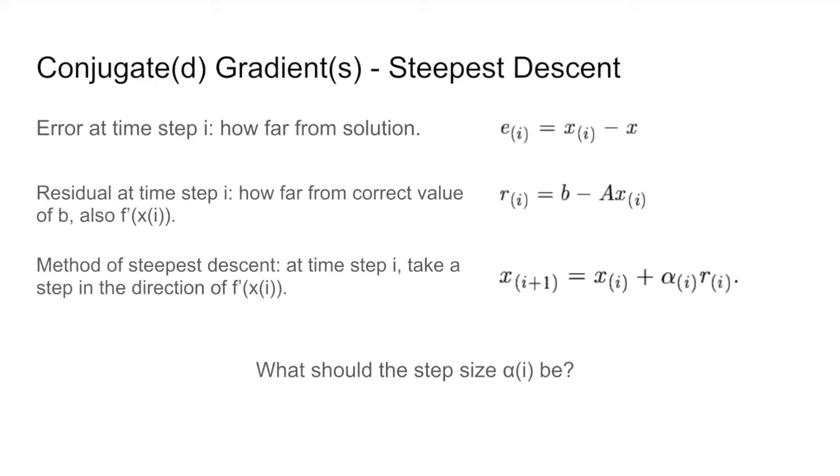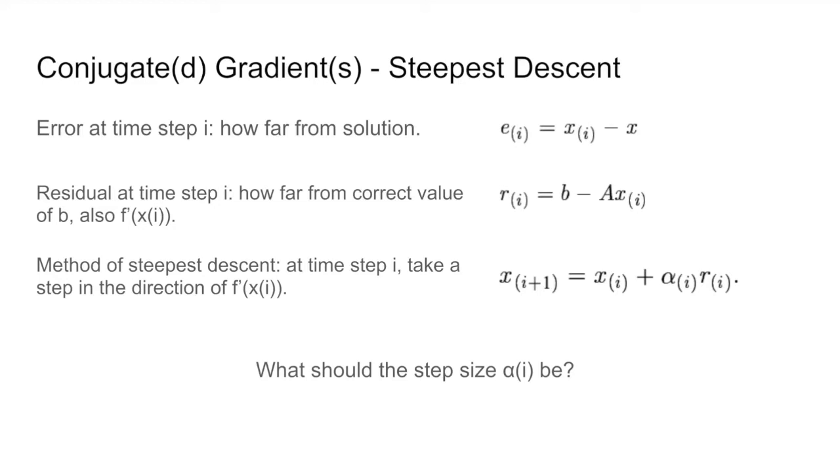Next, the residual at time step i is how far away from the correct value of b is Ax of i. It's also the negative of the first derivative of the objective function, so whenever you see r, just think of this as the first derivative at point x i.